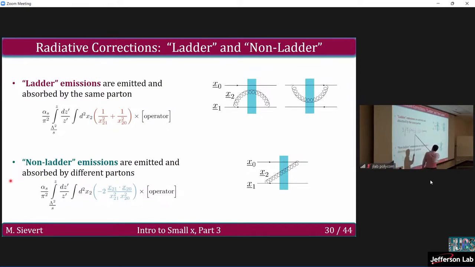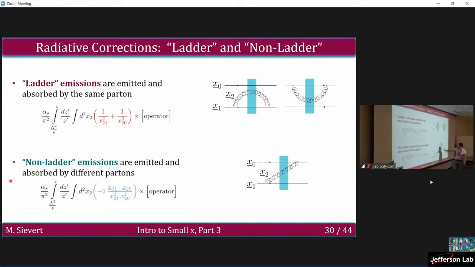This first term, 1 over x21, x21 is the distance between position x2 and position x1. That distance is exactly the wave function of this splitting. So this term is exactly the term where the gluon is radiated off of particle 1, and it has the new position number 2. Likewise, if I radiate it off particle 0, then I get something sensitive to the distance x20. But it's the same distance in both cases.